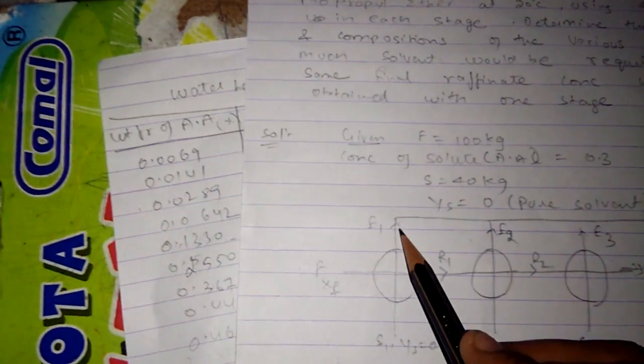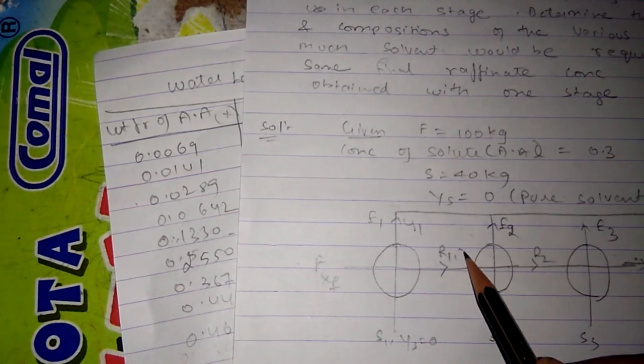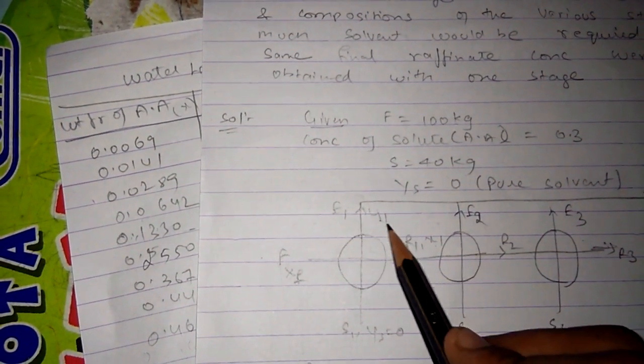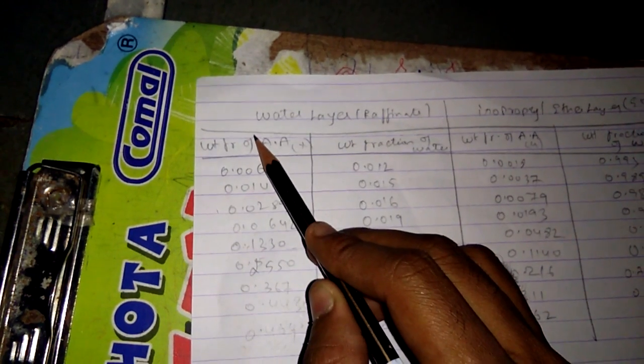Now for this curve, we all know that in the diagram itself you might have seen that the concentrations are y1 and x1. For raffinate it is x1 and for extract it is y1, right? So definitely extract will always be y1. We'll consider only the solute, that is acetic acid.